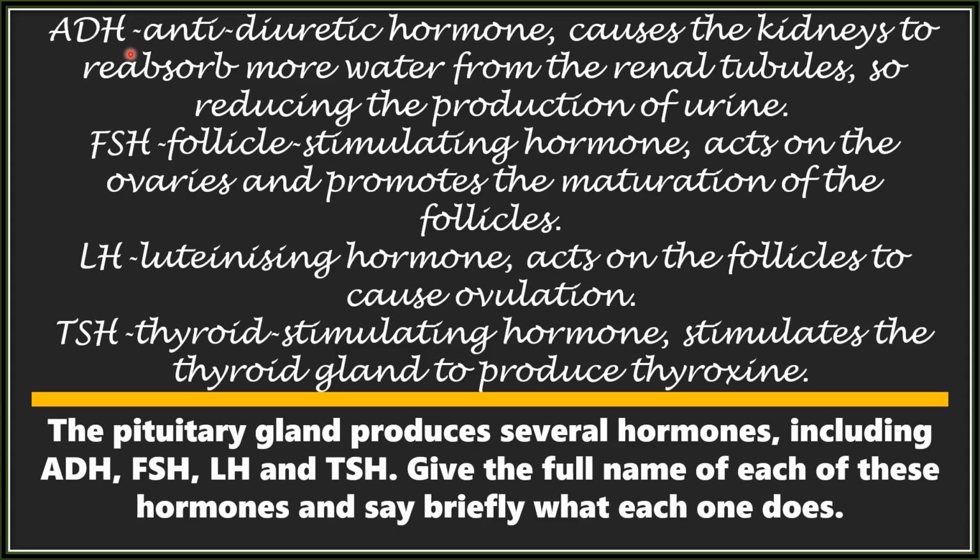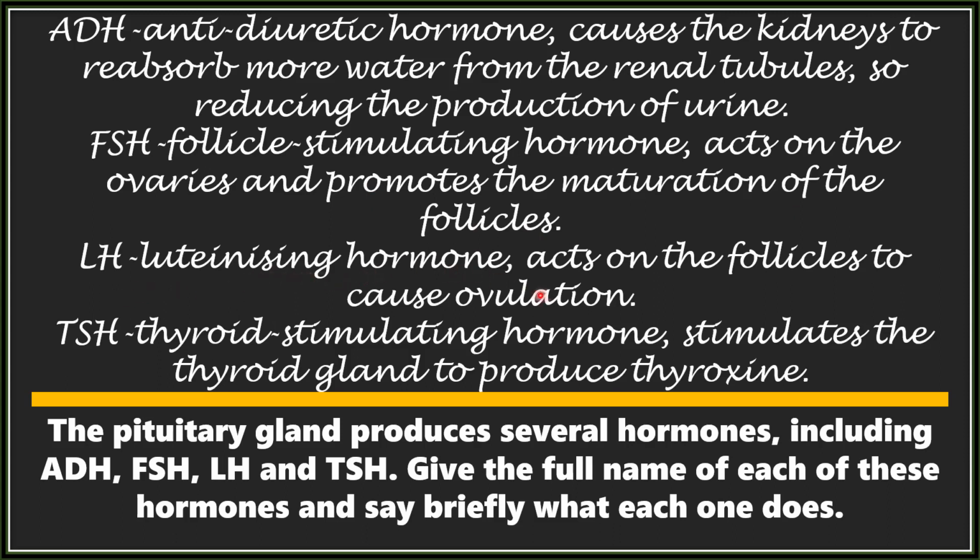ADH, antidiuretic hormone, causes the kidneys to reabsorb more water from the renal tubules, so reducing the production of urine. FSH, follicle-stimulating hormone, acts on the ovaries and promotes the maturation of the follicle.